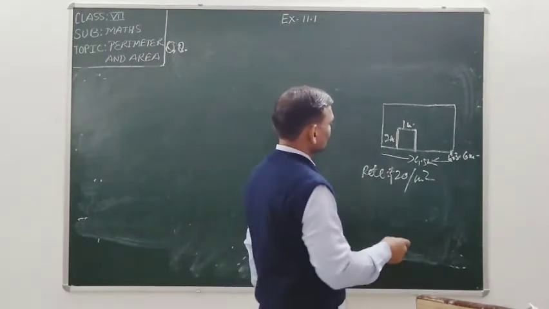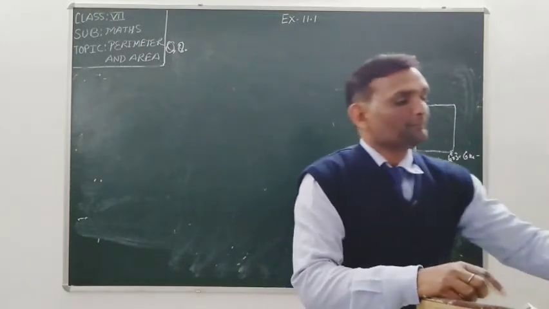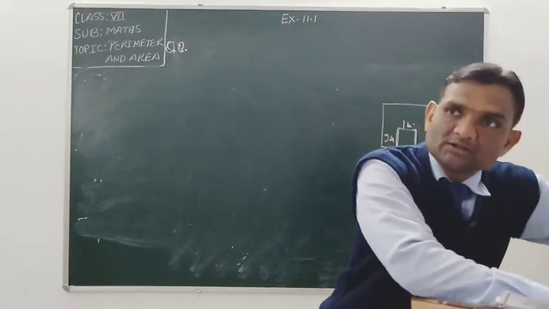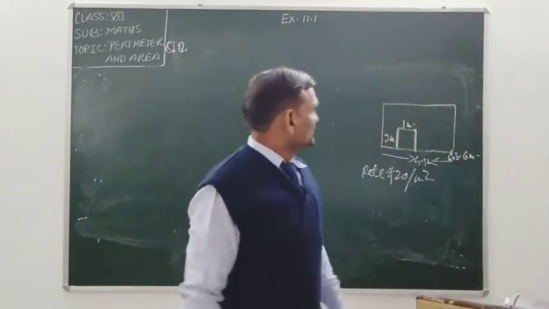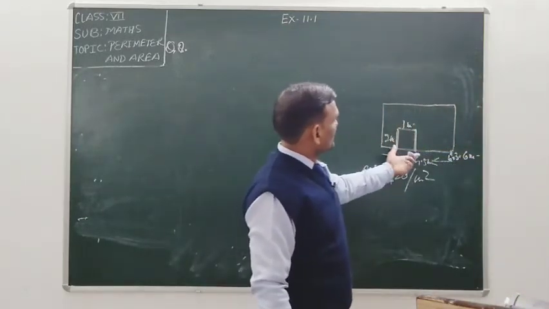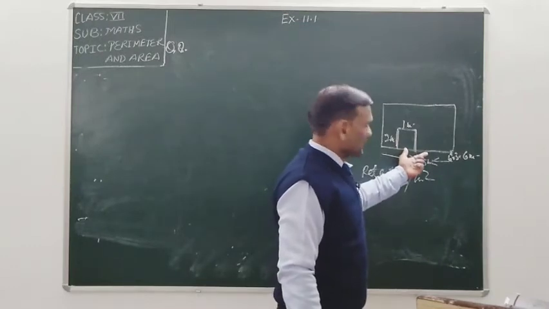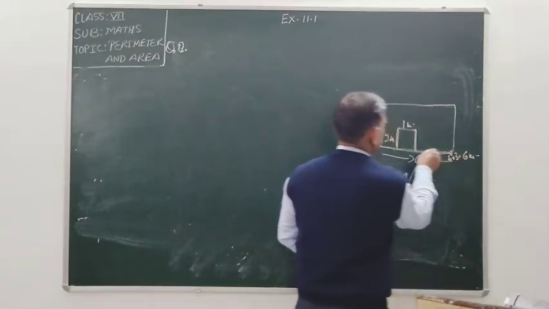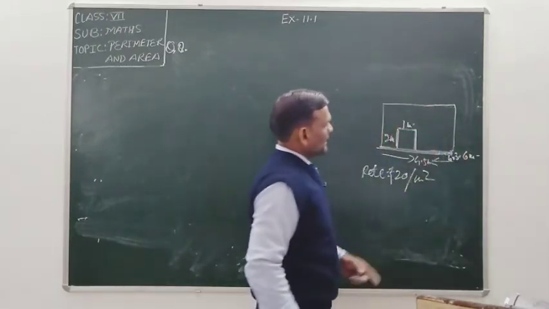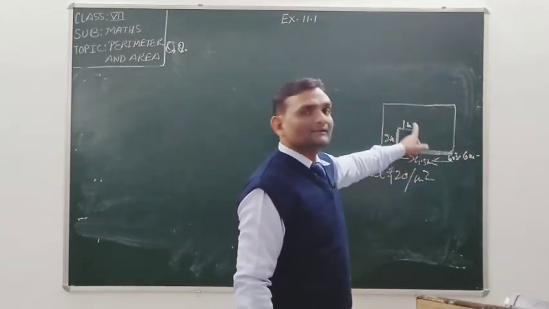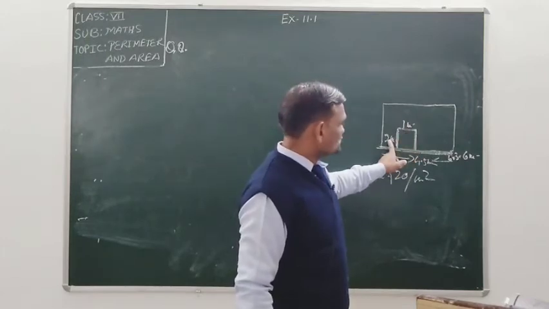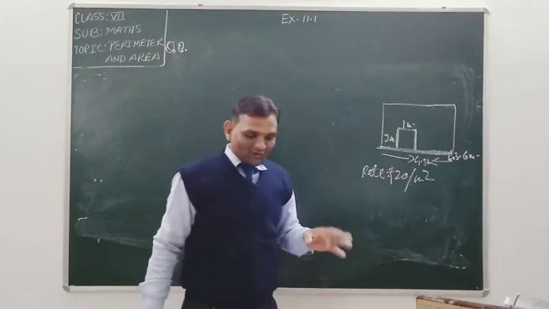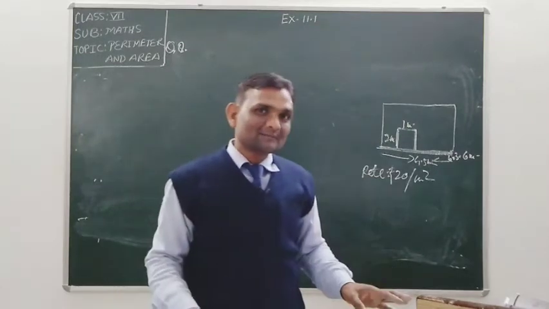Student, for solving this question, this is a very important question. Student, we are whitewashing the wall of the house. Suppose this wall I am whitewashing, and in this wall a door is fitted. Length is 2 meter and breadth is 1 meter. So student, you know, on the door we do not need to whitewash.